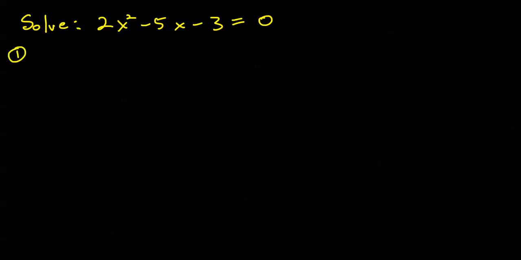I'm going to do it two ways, way 1 and way 2. I'm going to say by the quadratic formula on the left-hand side of the screen and by factoring on the right-hand side of the screen.